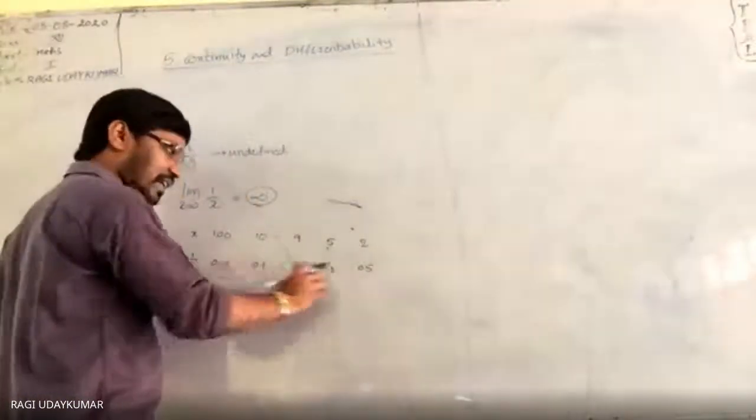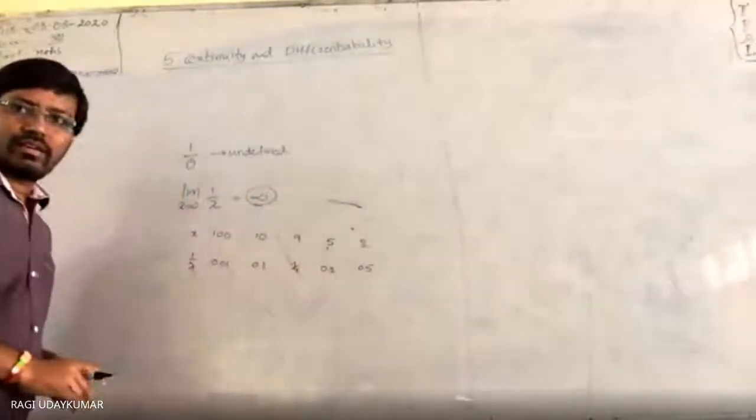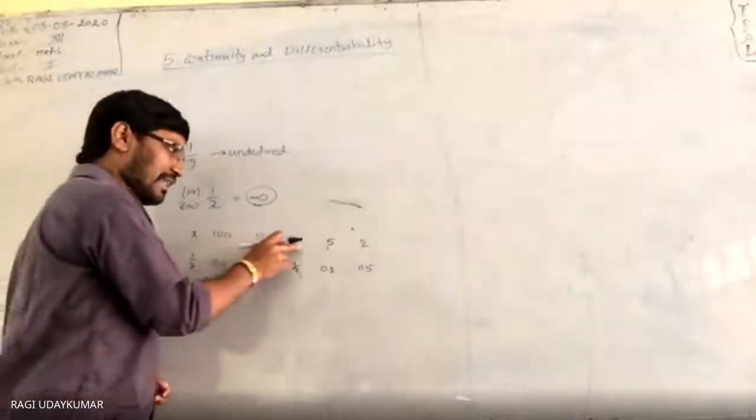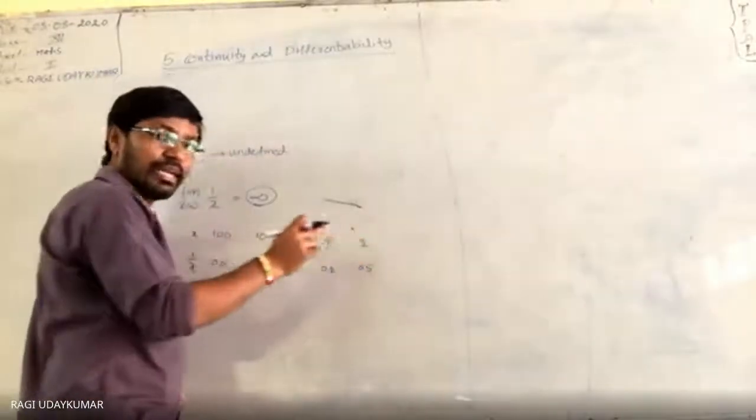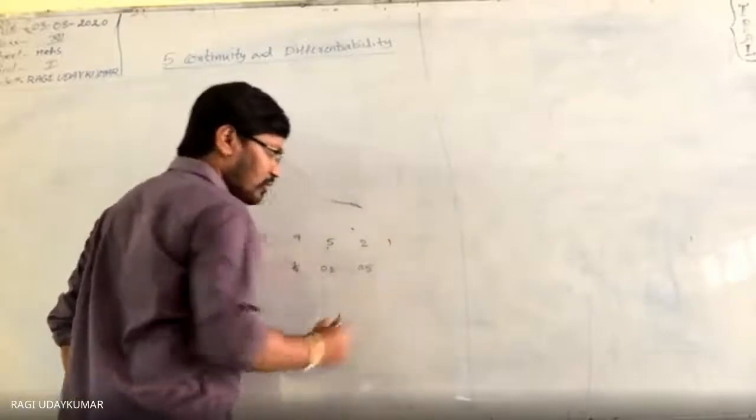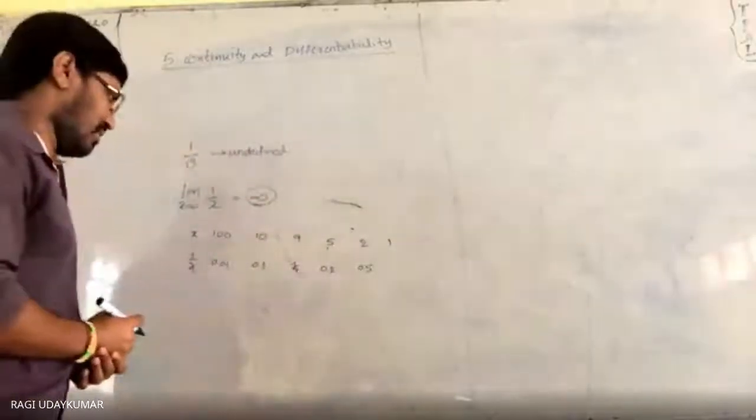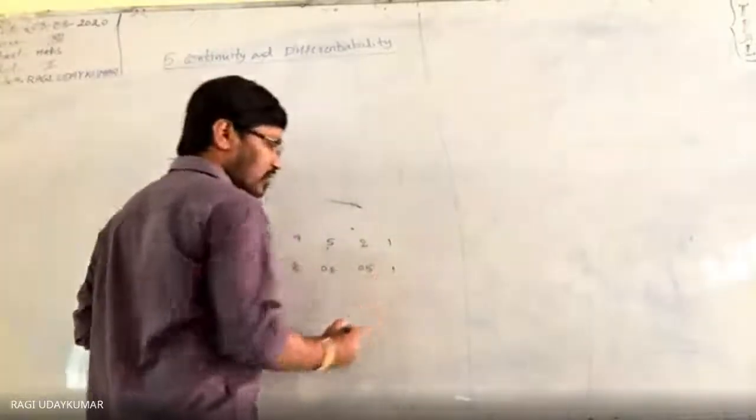What you are observing here? As the x value is decreasing and approaching near 0: if x value is taken 1, 1 by x value is 1.